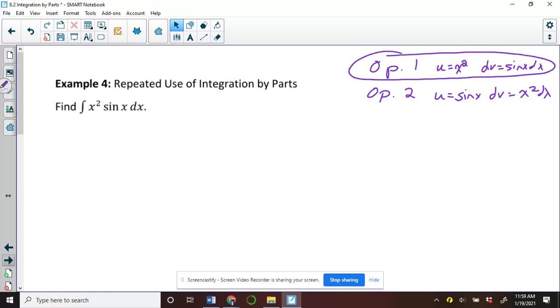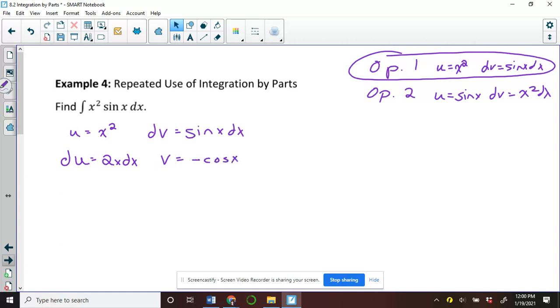So we are going to go with option 1. u equals x squared, dv equals sine of x dx. The derivative of x squared is 2x dx. The integral of sine of x dx is a negative cosine of x.